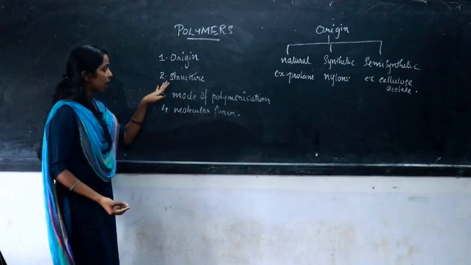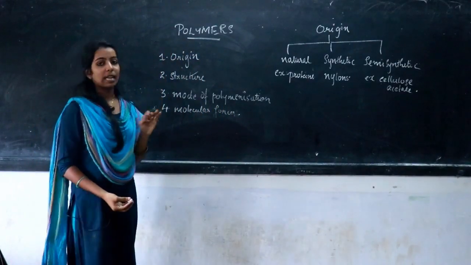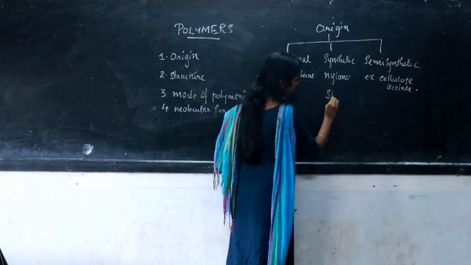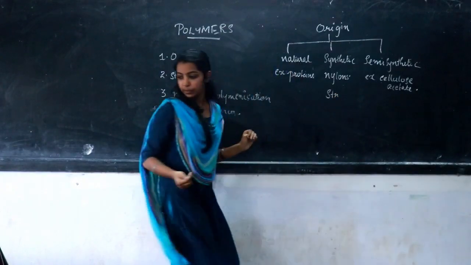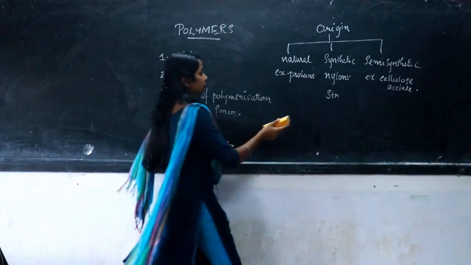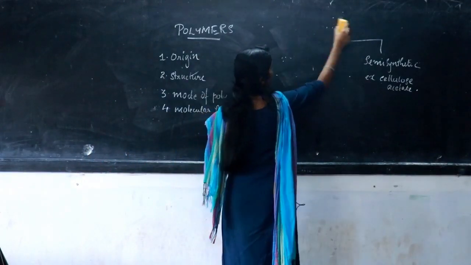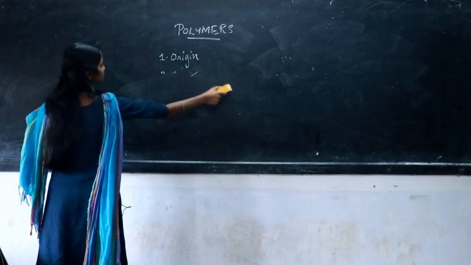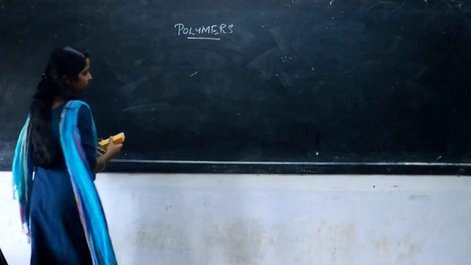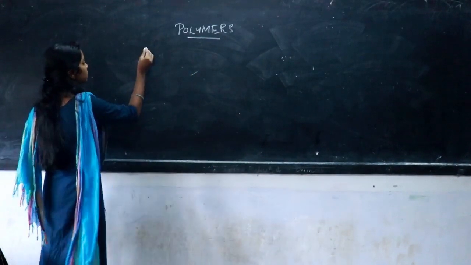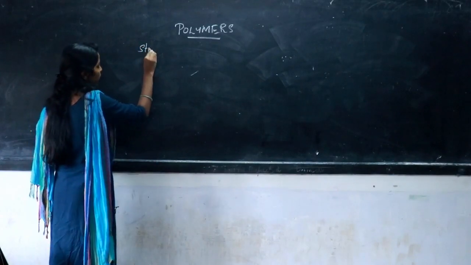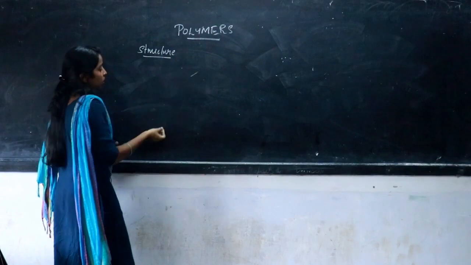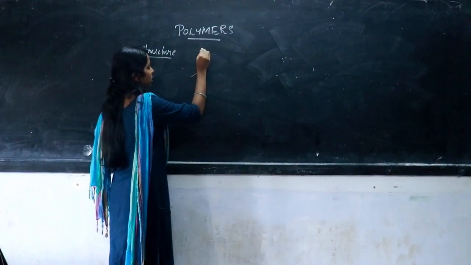Now based on structure, polymers are classified into three types. First one is linear polymers.